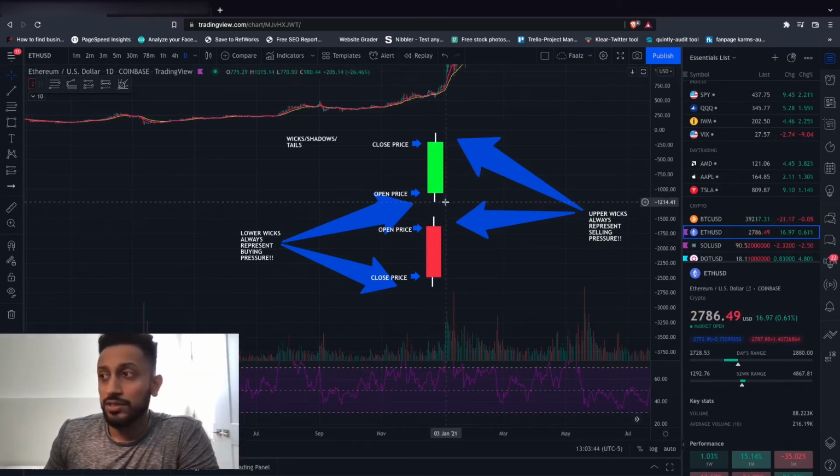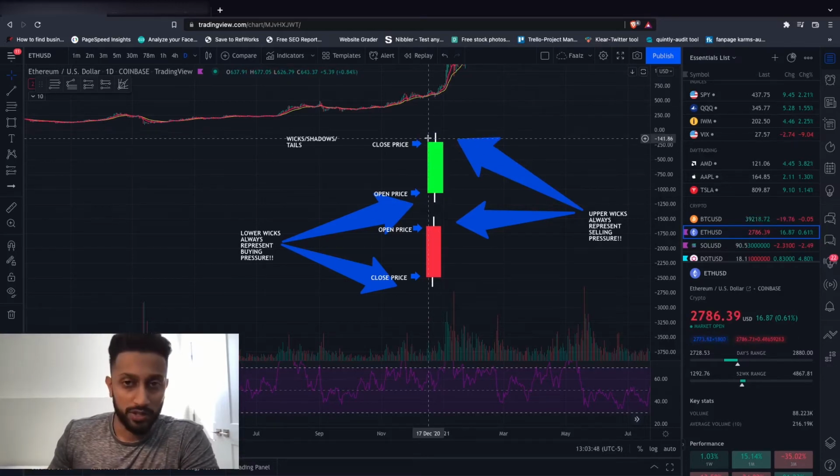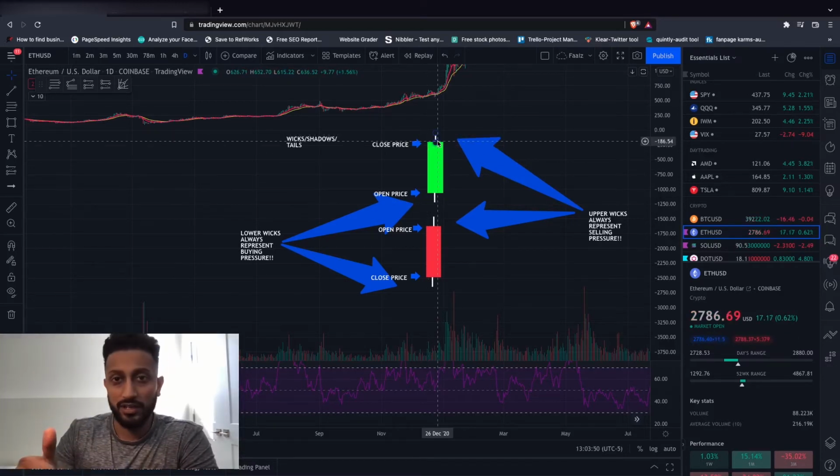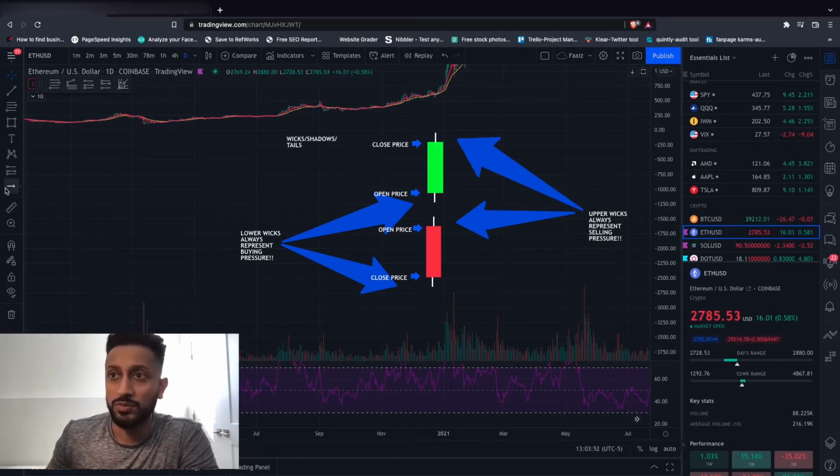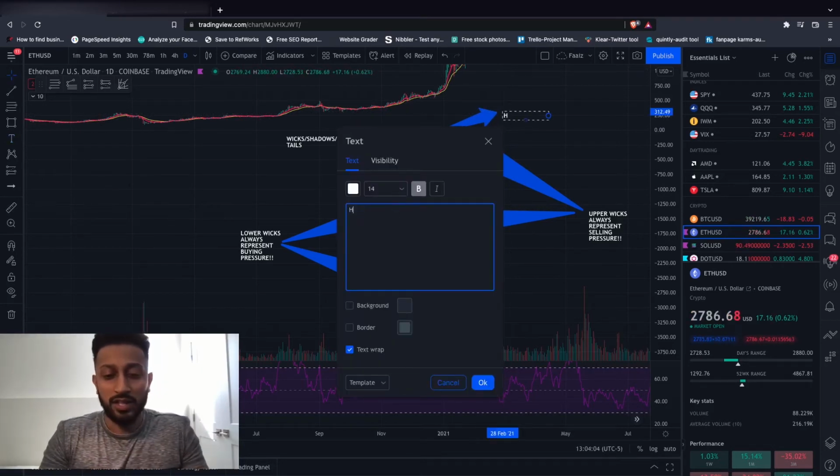Now, one thing I did not mention is the highest point of a candle, regardless of a green candle, regardless of a red candle, which means this point right here is called the high of the candle. It's the highest price the asset reached during the time frame.